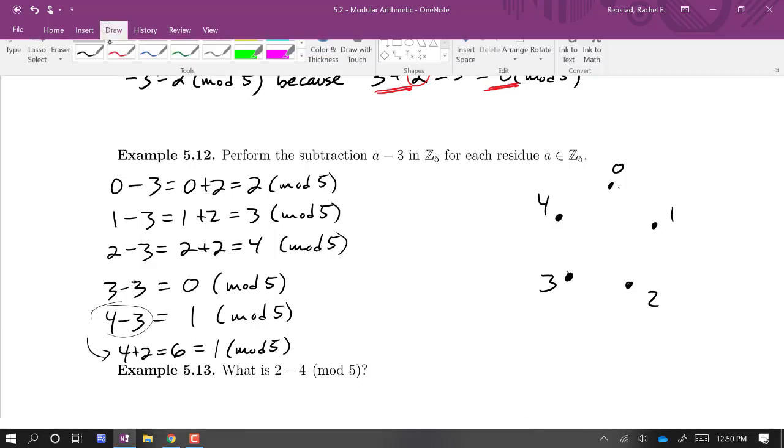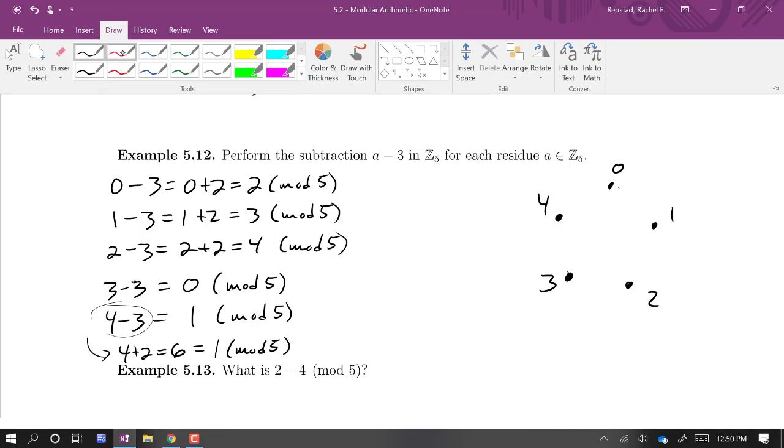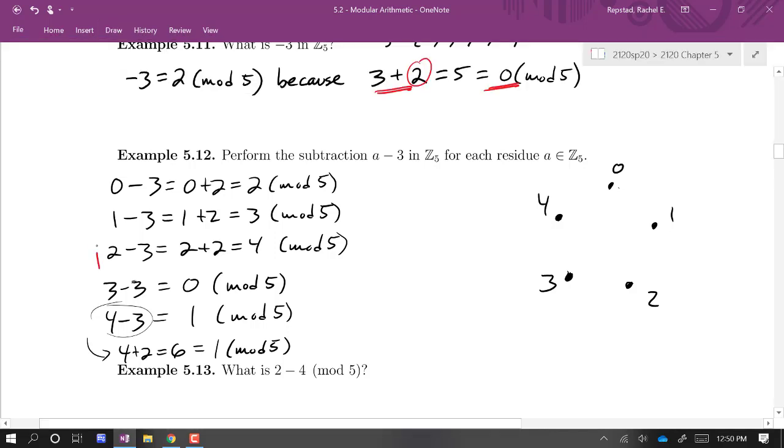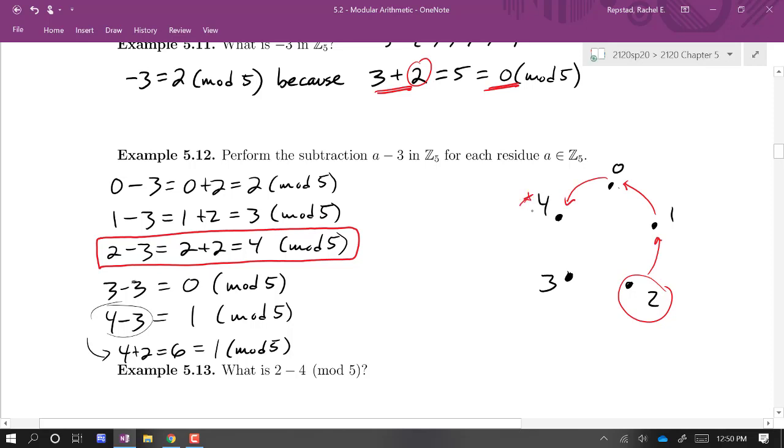And so what we're saying, let's take a look at this equation right here, 2 minus 3. Suppose we're starting here. What this says is that subtracting 3, so going backwards 3 units, is the same as going forward 2 units. And of course it is. They both land us at the value 4 that we found.